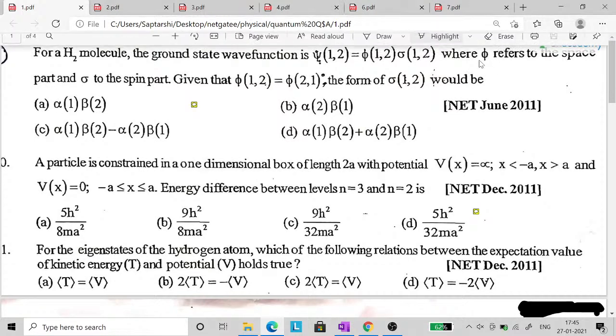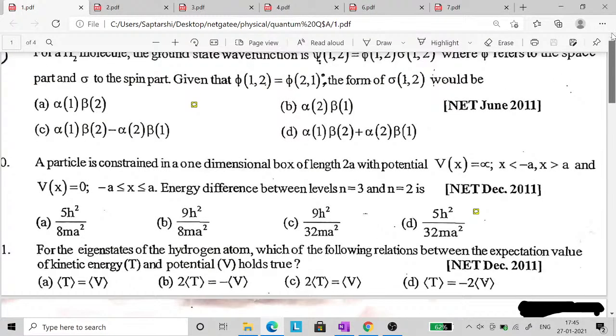So it says over here that for a hydrogen molecule, the ground state function is psi12 equals phi12 times spin12, where phi12 refers to the space part and sigma is the spin part.